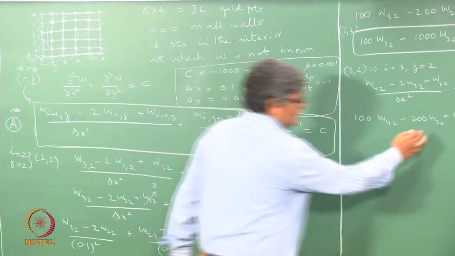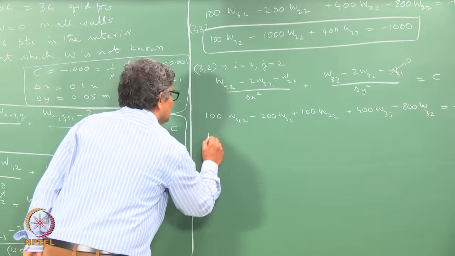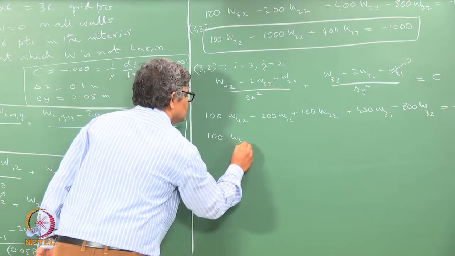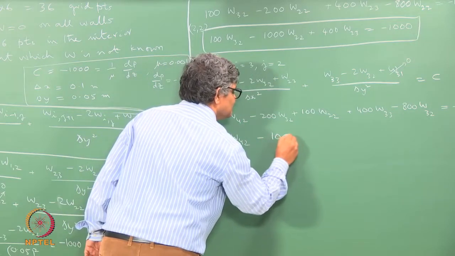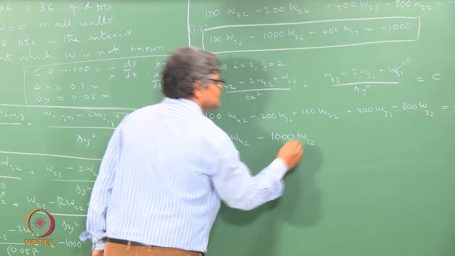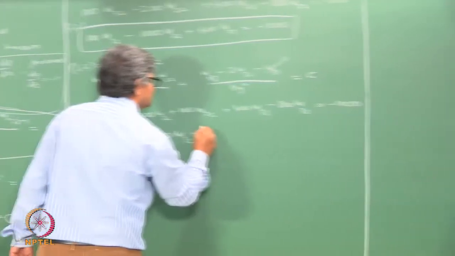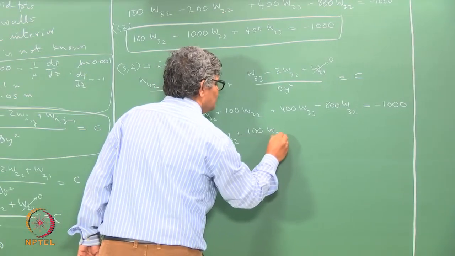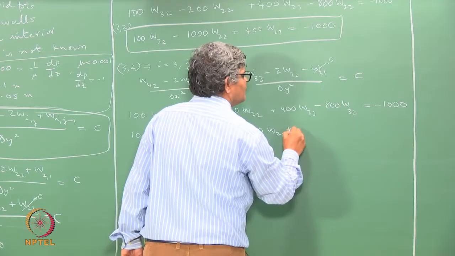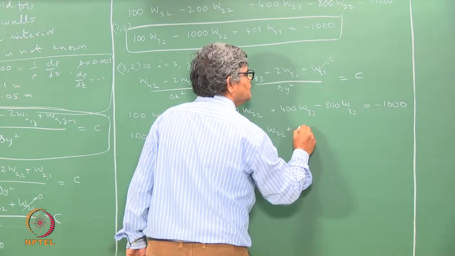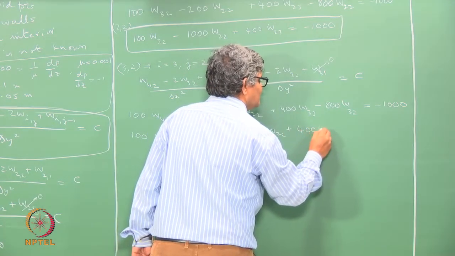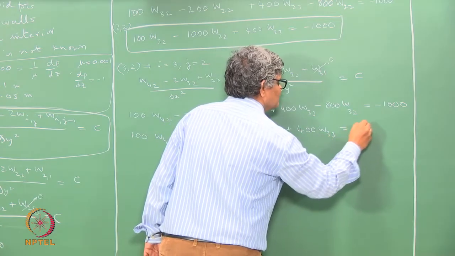Okay, again we can add these two to get 100 W42 minus 1000 W32 plus 100 W22 plus 400 W33 equal to minus 1000.